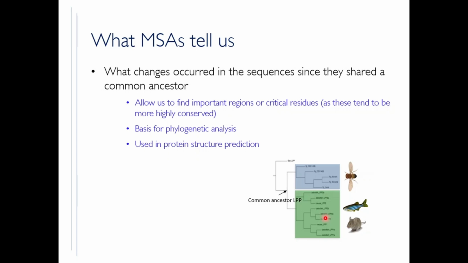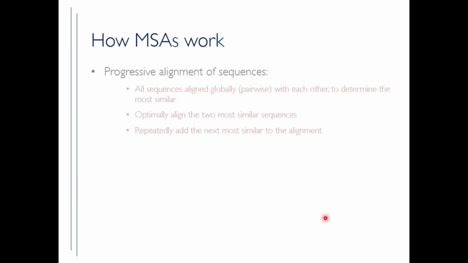And they are used in protein structure prediction tools, in the background. You won't necessarily know that's what's happening, but when we use protein structural tools, they're actually using a multiple sequence alignment to similar sequences where we have solved structures and trying to model those differences. So how do multiple sequence alignments work?